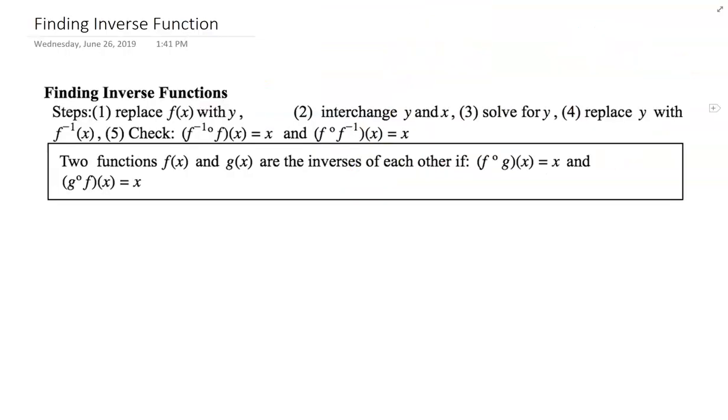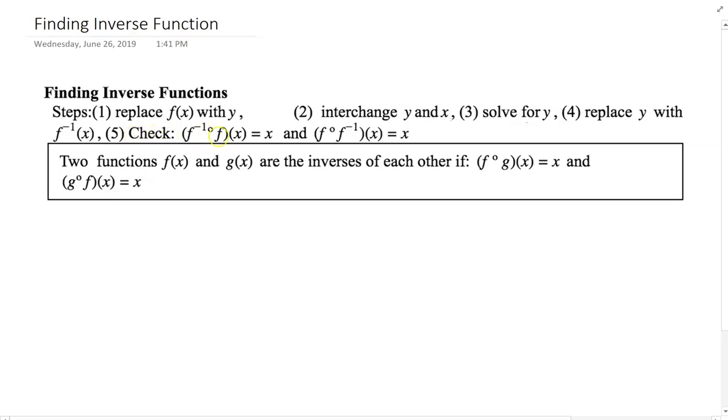Let's talk about finding inverses. Algebraically finding inverses is a multi-step process. In the first step, if you're given an equation or a function with f of x, replace f of x with y. Then interchange the x and y in the equation. Thirdly, solve for y in the new equation, then replace y with f inverse of x.